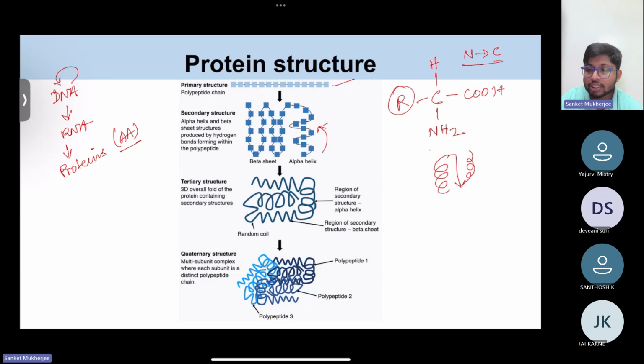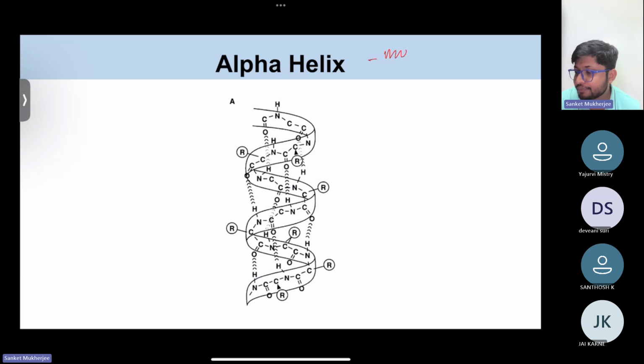Now, these tertiary structures form a unit, and if there are multi-unit complexes of structures, this is called a quaternary structure. So this is how different protein structures are organized in a cell. Talking about the alpha helix, it's the most common secondary structure.